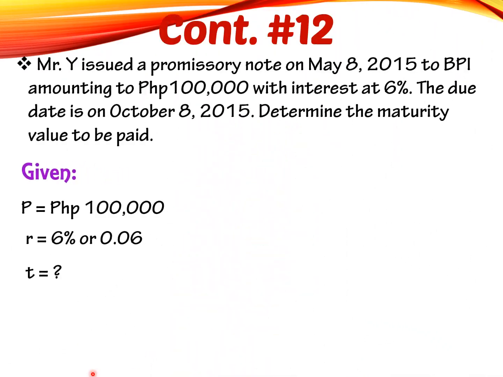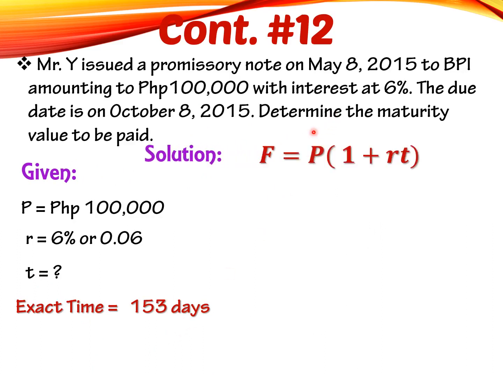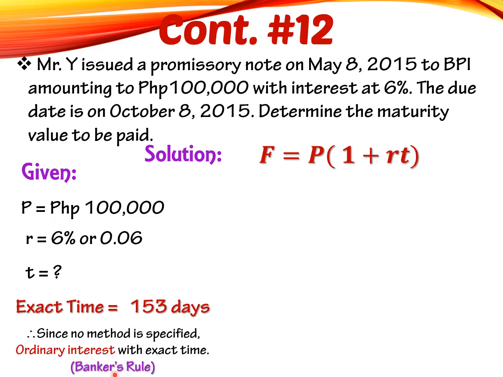Okay, let us continue. So, we have determined the exact time using the banker's rule, that is 153 days. You are asked to find the maturity value, so we can use this formula. We know that when we distribute this, this is equal to P plus P times R times T. And you know that that is the formula for the interest. Okay, so using the banker's rule, ordinary interest with exact time, let us substitute the given.